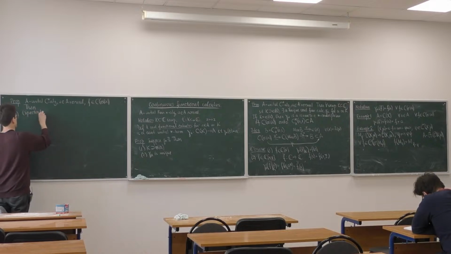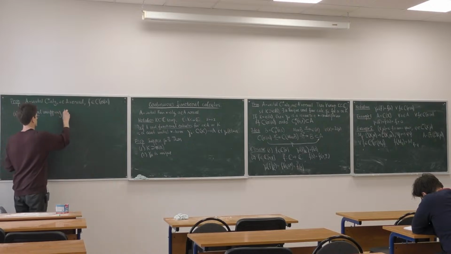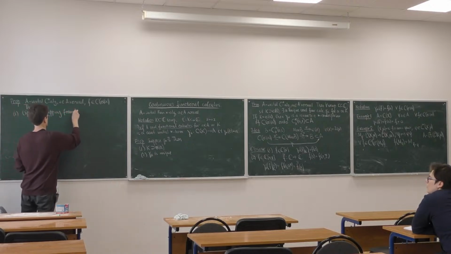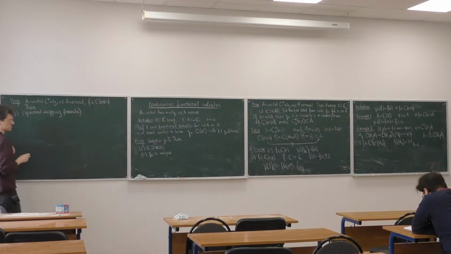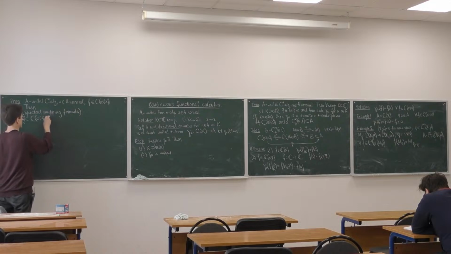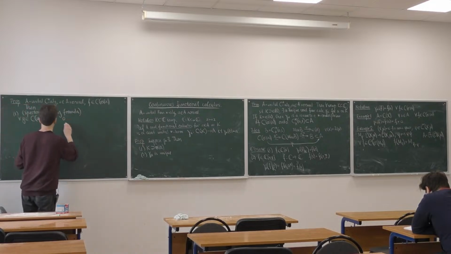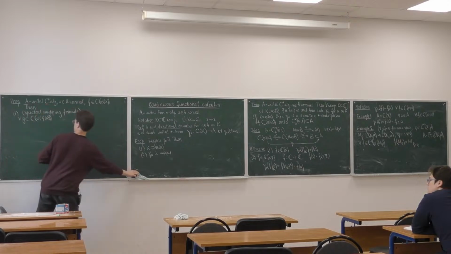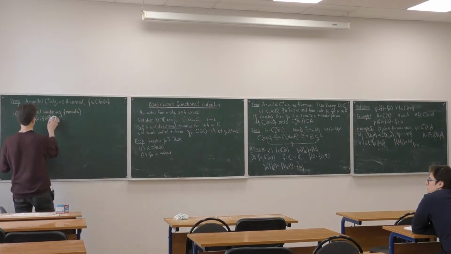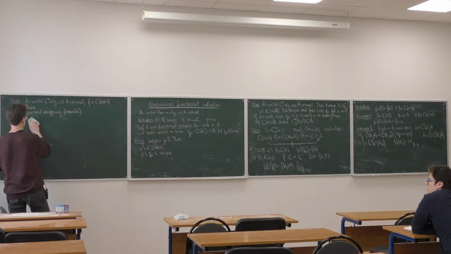Spectral mapping formula, or spectral mapping property, which tells us that for every continuous function g on the spectrum of f of A, of course, we can apply. This is a rather different property.